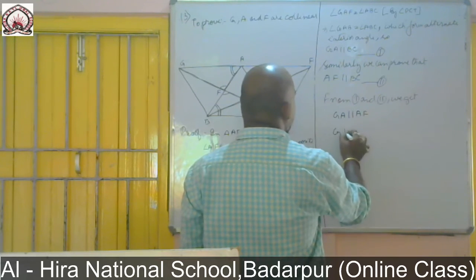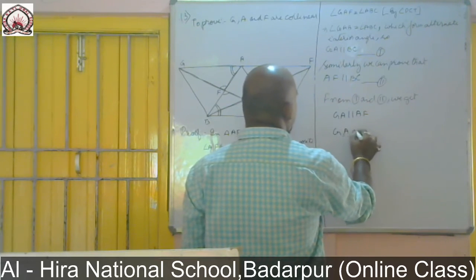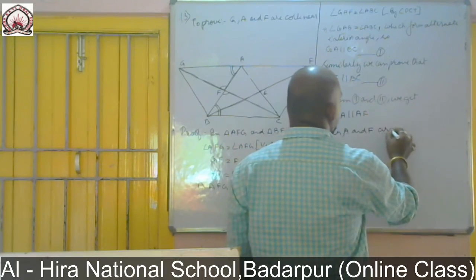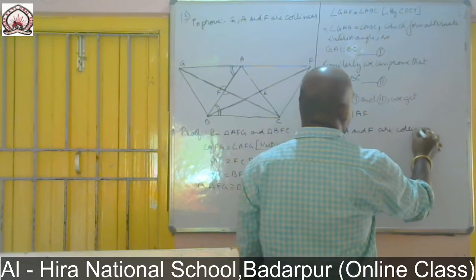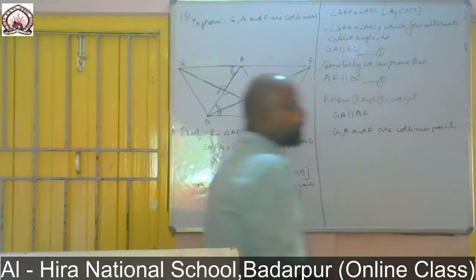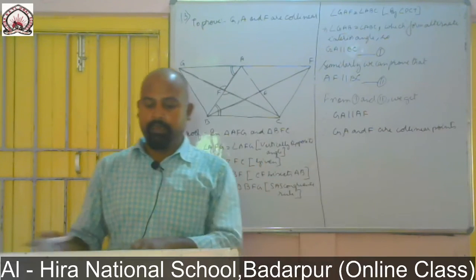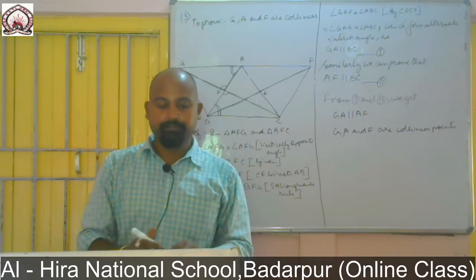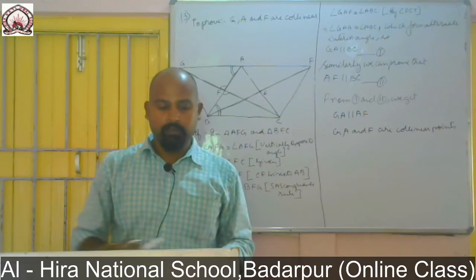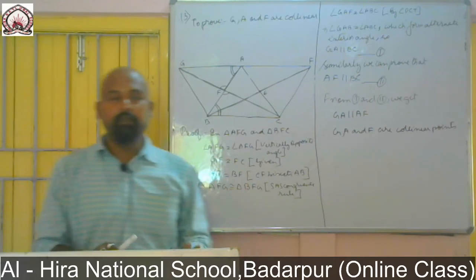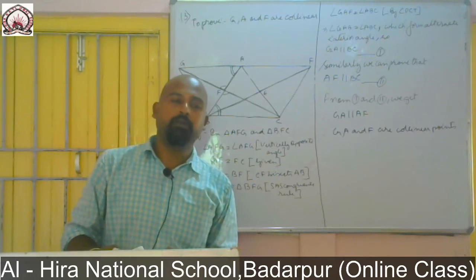Therefore, G, A and F are collinear points. So we can say G, A and F are collinear points.